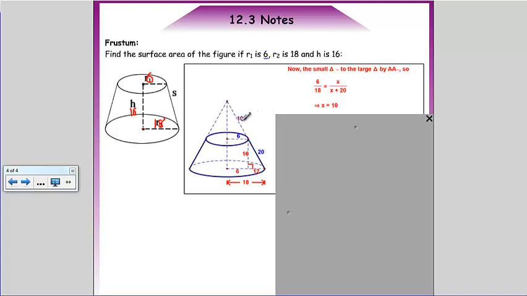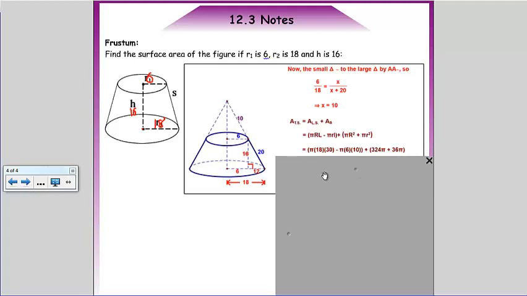And now we have enough information to figure out the total surface area. To figure out the total surface area, we're going to take the lateral area and the area of our bases, though we're actually going to have 2 of them in the original shape. I put a fancy formula there, but we're going to work out where each of these comes from.